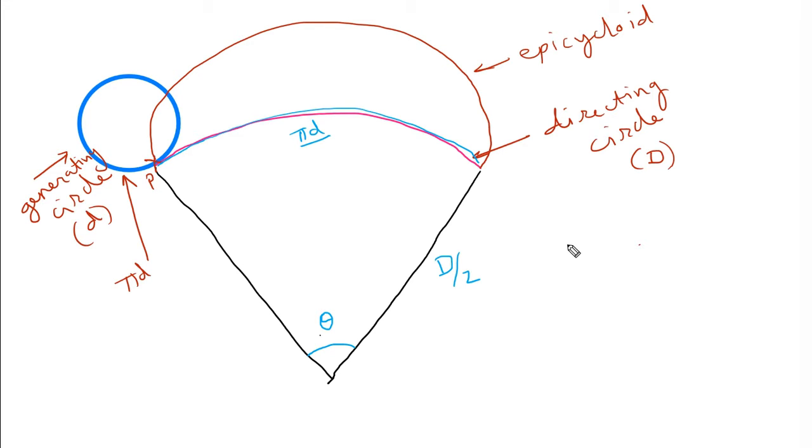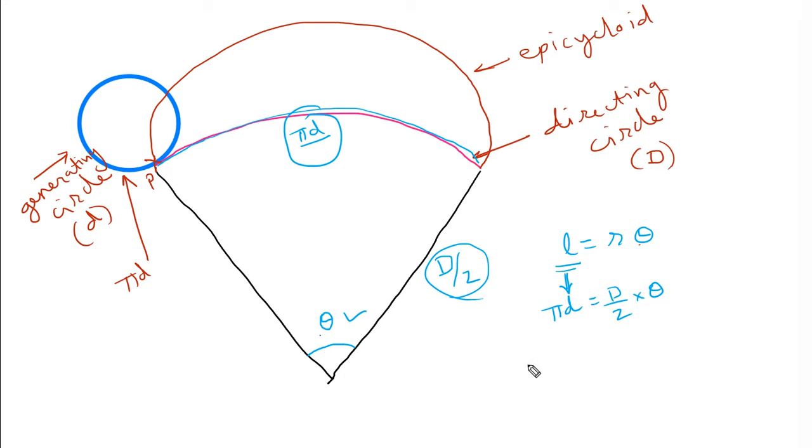So we know the formula L equals r theta, where L is the arc length. Here the arc length is pi into d. The radius of the arc is capital D by 2, and theta is the included angle.